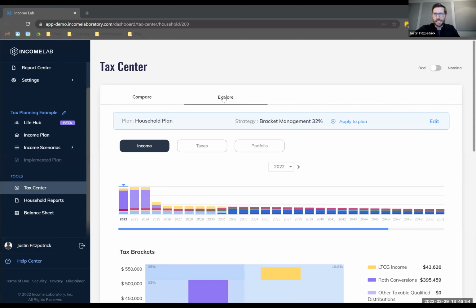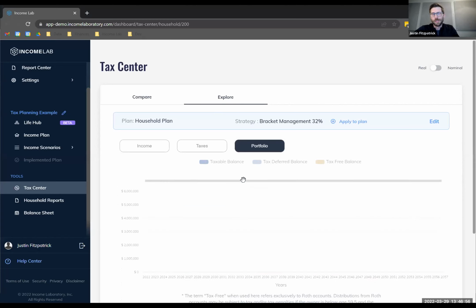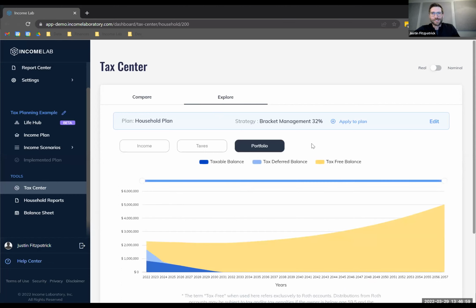So within the tax center, in the explore section, if you go to portfolio, I suspect in this case it's all tax-free, so it's a little less interesting.